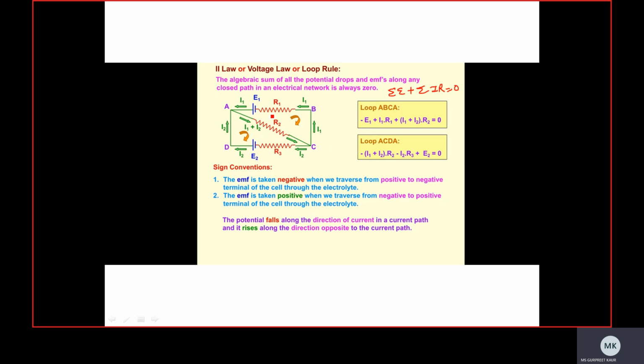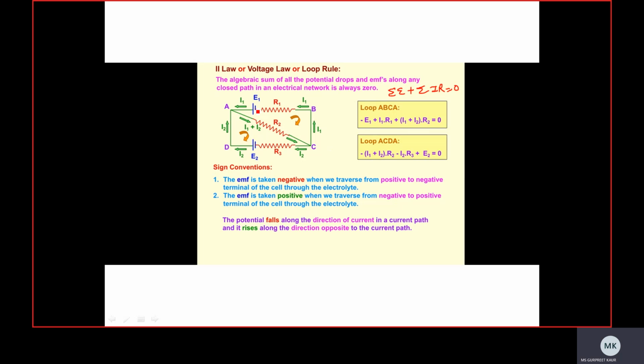You are moving in this closed path in a clockwise manner. The cell which you have encountered, you are moving from its positive to negative terminal through the electrolyte. Therefore, its EMF will be taken as negative.